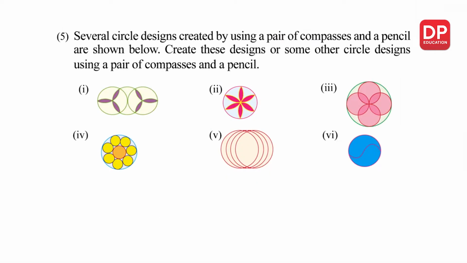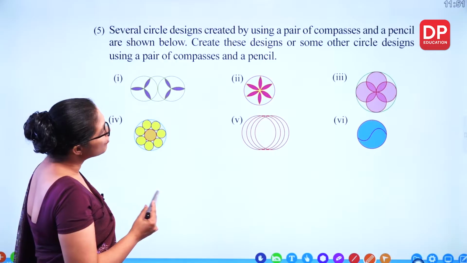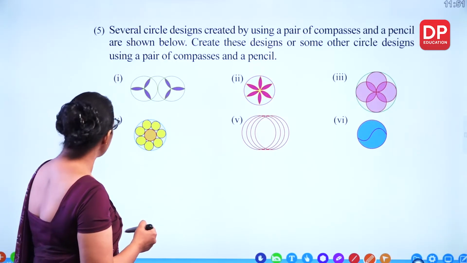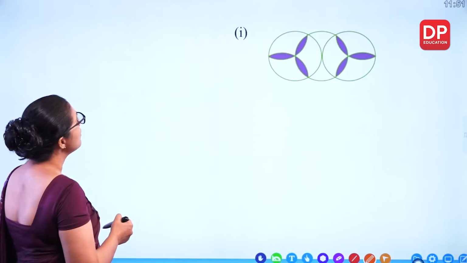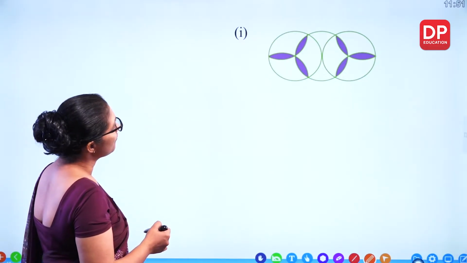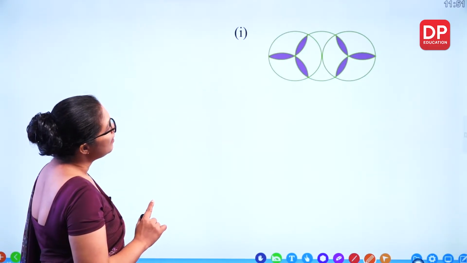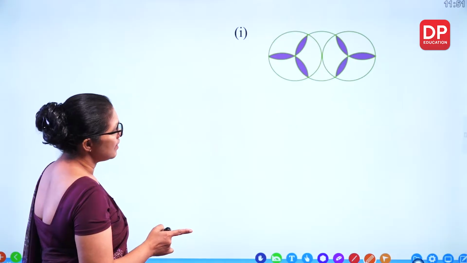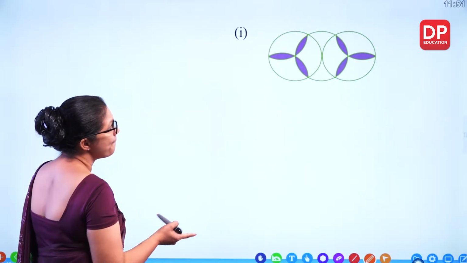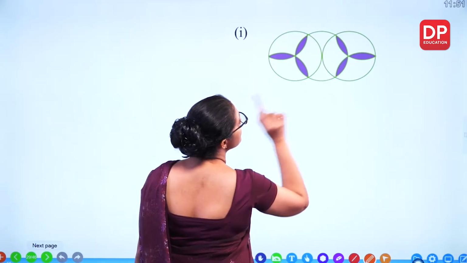Several circle designs created by using a pair of compasses and a pencil are shown below. Create these designs or some other circle designs using a pair of compasses and a pencil. So we'll try to draw these diagrams. The first one. Look at it carefully. You get 3 circles with the same radius.